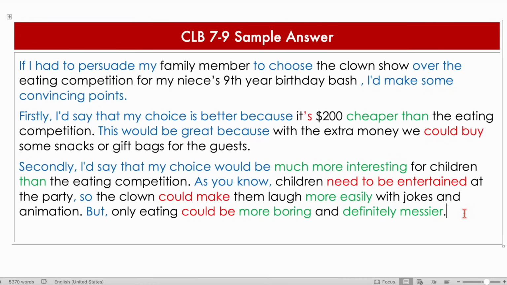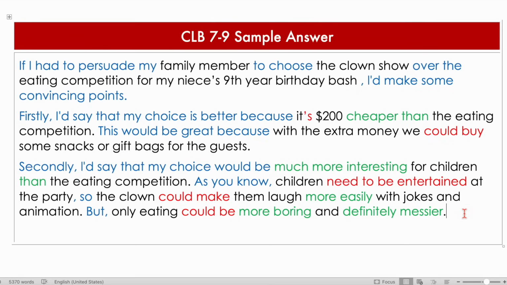As you know, children need to be entertained at the party, so the clown can make them laugh more easily with jokes and animation. Right, clowns are very animated, right? And they try to make children laugh with jokes. That's true. And then I'm going to say something here about the other side, but only eating could be boring and definitely messier.